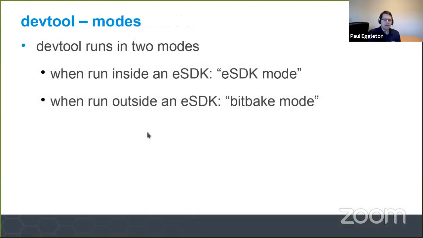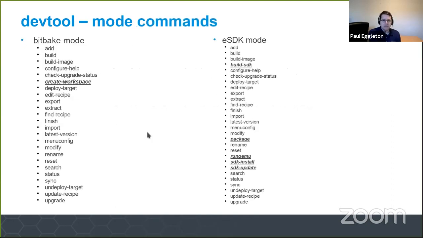So there are actually two modes to DevTool. There's probably the one that I would concentrate on most, the one that most people will see, especially based upon what we've seen already today, is when you're running outside the ESDK, so Bitbake mode as it's referred to here. There is a slight difference between that and the ESDK, and I've got those enumerated here.